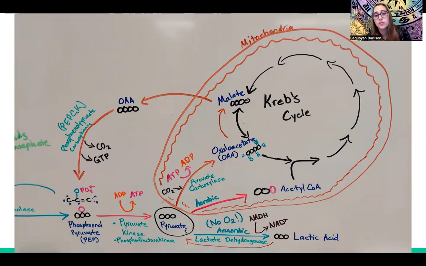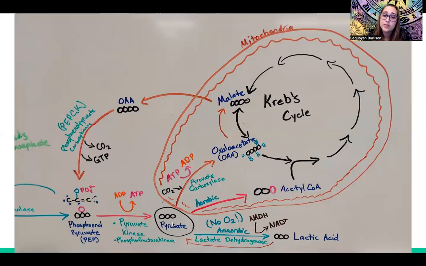But what happens with pyruvate? Well, pyruvate has to enter the mitochondria. Once pyruvate is within the mitochondria, normally you would take the aerobic pathway and create acetyl-CoA and enter the Krebs cycle. This 8-step cycle can occur and will occur naturally anyway.